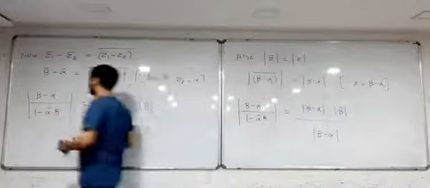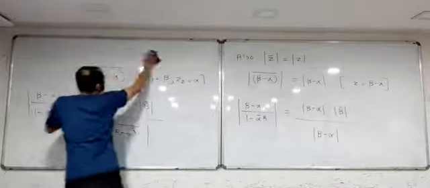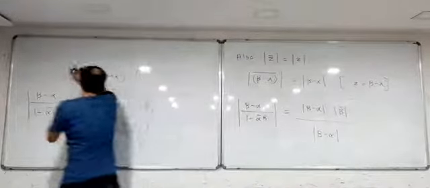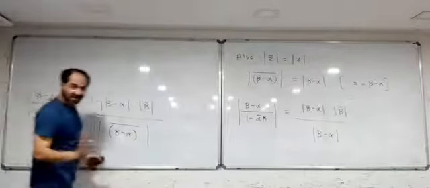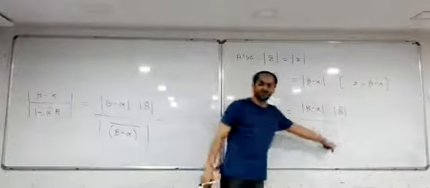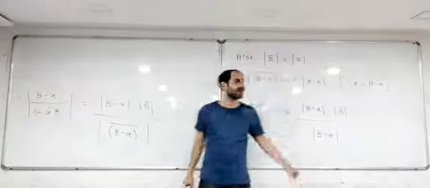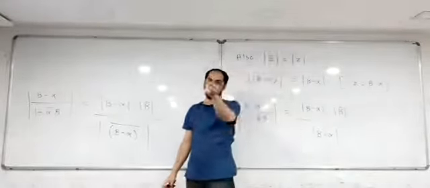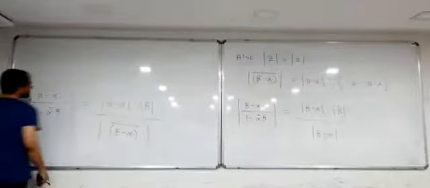Clear? I could directly write the property and the solution would become very short, but you understand it better this way, that's why I did it in detail. Now it's very simple. Alpha and beta are not equal, so the magnitude will not be zero, so it will cancel. And mod beta bar will be equal to mod beta, which is 1. So the answer will be 1.